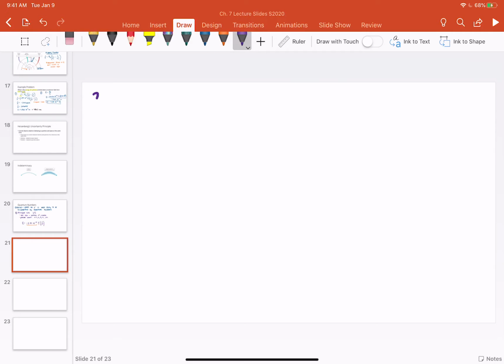The second quantum number is called the angular momentum quantum number. And it's designated by a lowercase l. And I'm doing that as a cursive L just to make it clear that it is not the number 1.